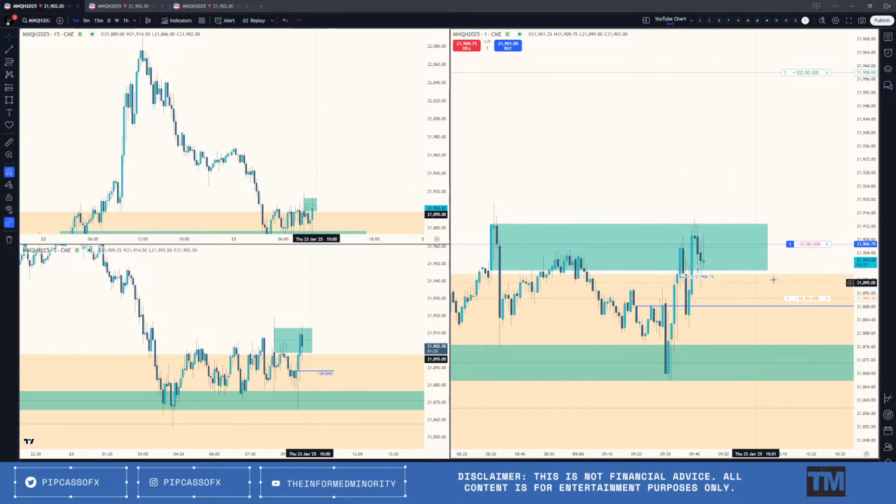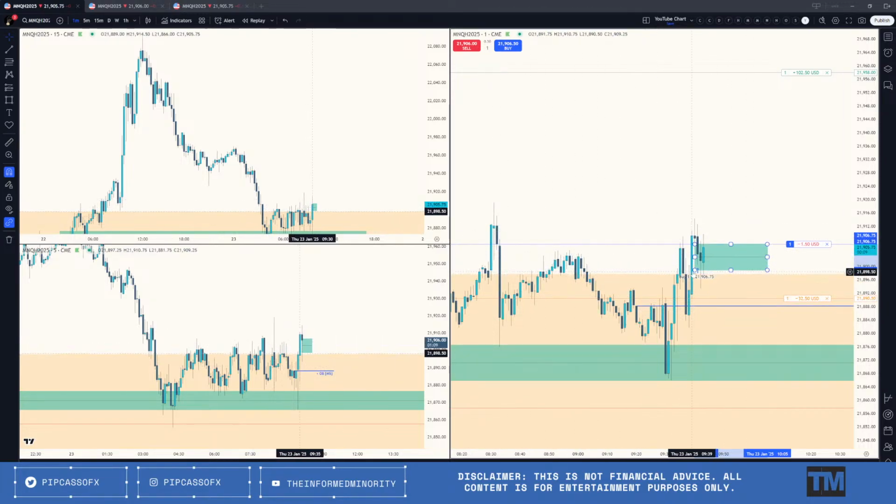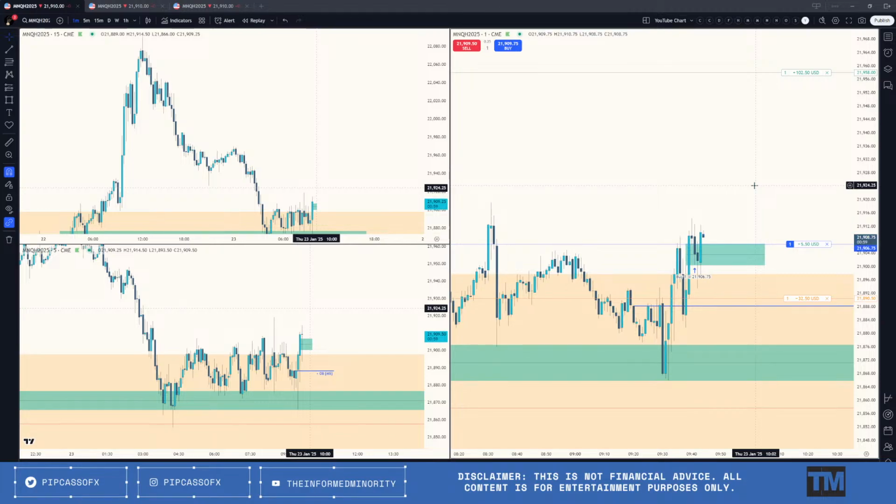I don't like how ES is struggling a little bit. I also don't like what has happened there, but let me take this off right now. This is more or less what I'm focusing on right now. It's right there. So that's the first presented fair value gap, and I want to see it start to attack and trade a little bit higher. So I do like that.